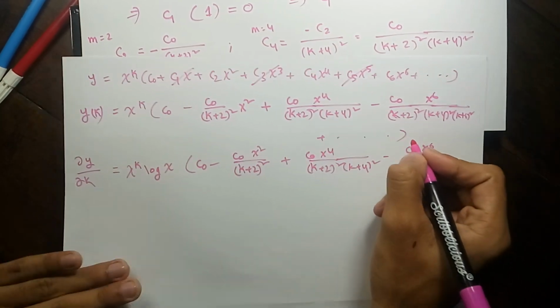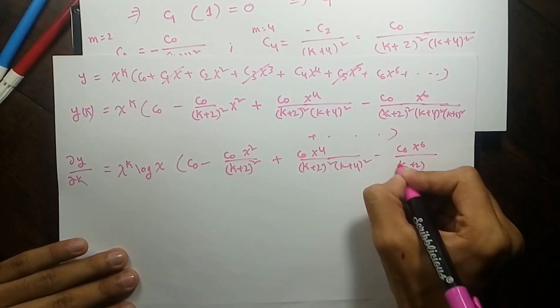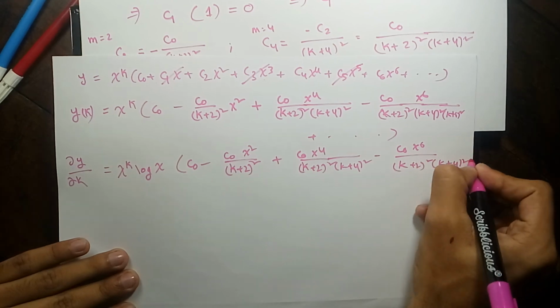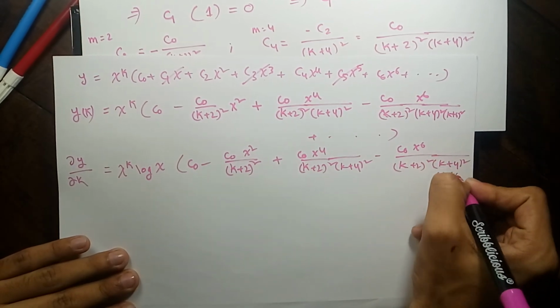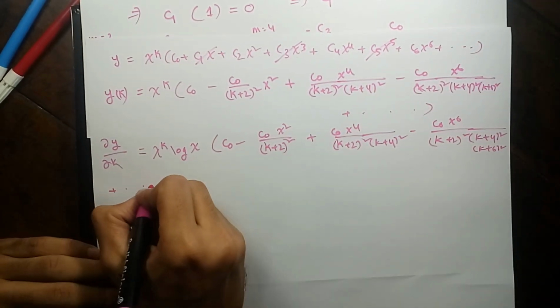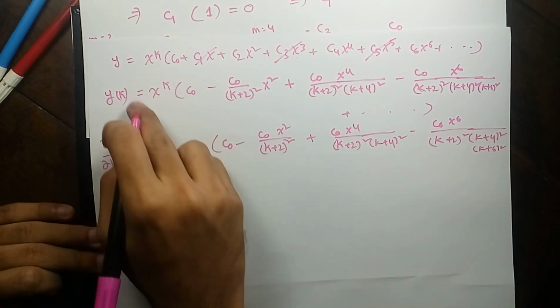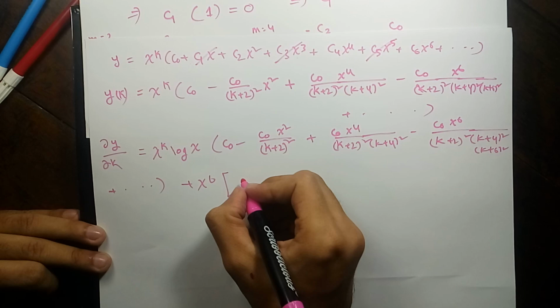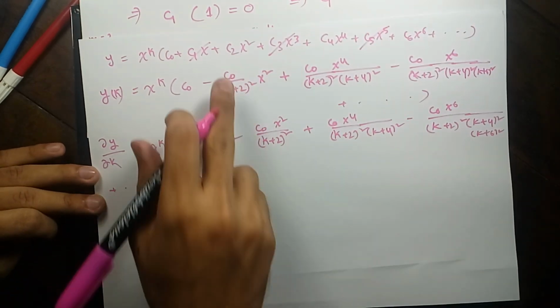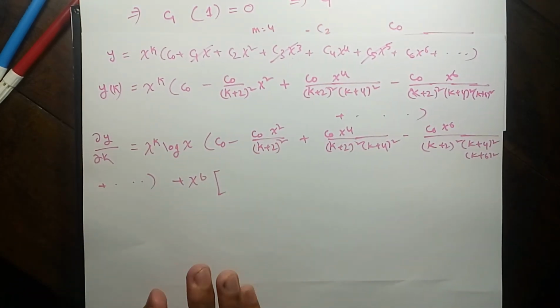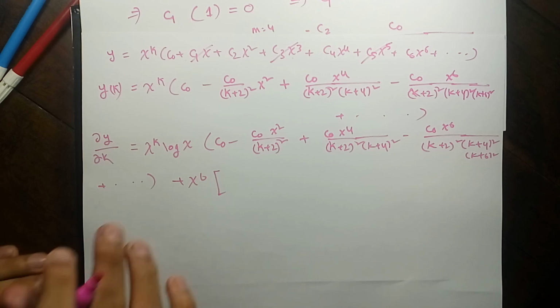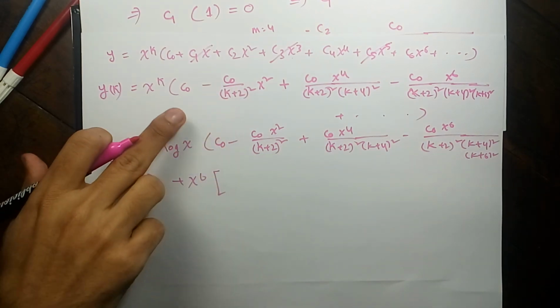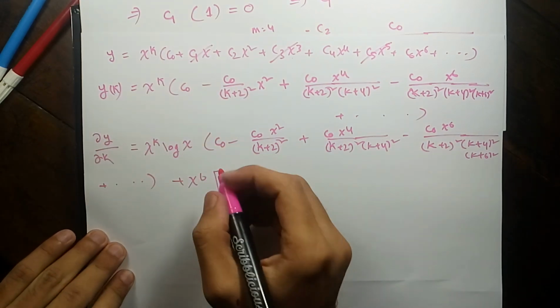Minus c0 x⁶ over (k+2)²(k+4)²(k+6)², and plus and so on. And if we hold this as constant and differentiate this, then really you do not have to differentiate all by yourself. Just differentiate it and put the values in the next step in the calculator.